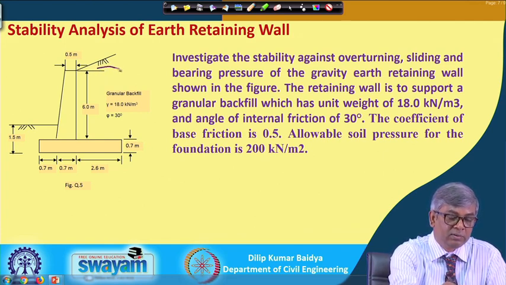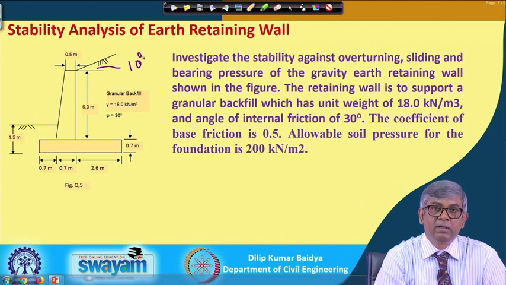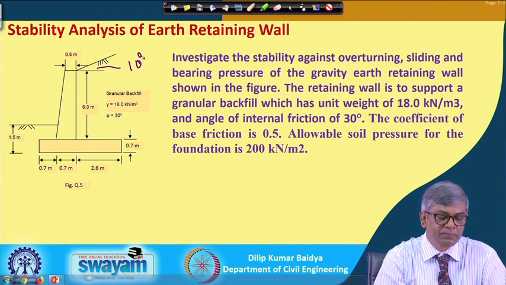This angle is not shown, so suppose it is a 10 degree slope. Generally, the earth pressure theories we have learned are for horizontal backfill, particularly Rankine, which is simple and commonly used. However, we have also discussed how to modify Rankine's theory if the backfill is sloped.